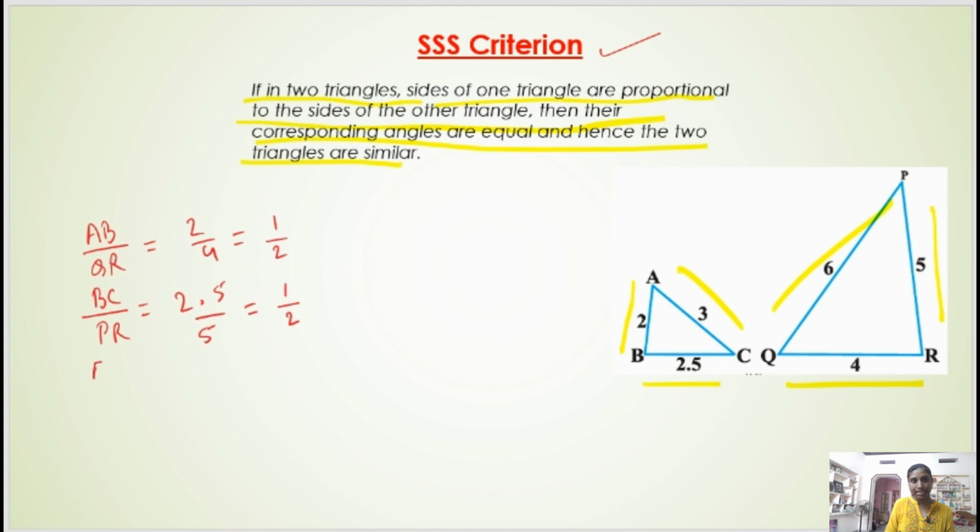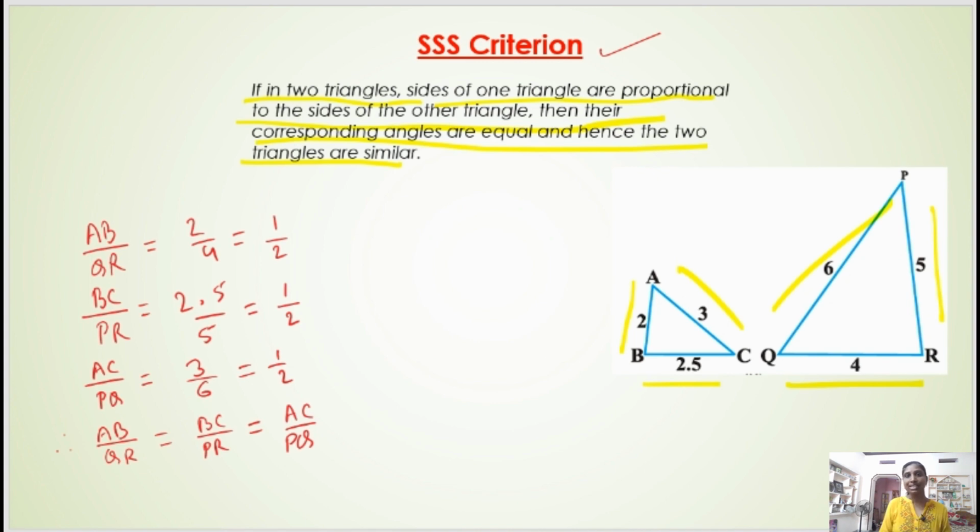AC by PQ is 3 by 6, which is also 1 by 2. So AB by QR is equal to BC by PR is equal to AC by PQ. So here the ratio of the corresponding sides are equal.